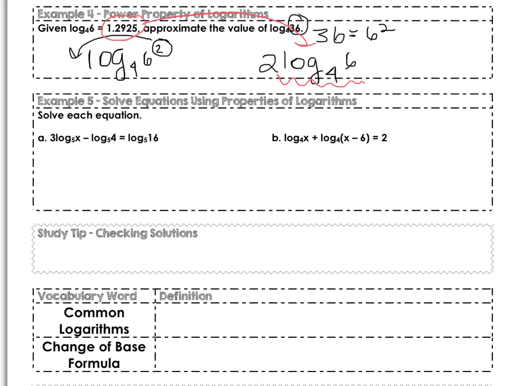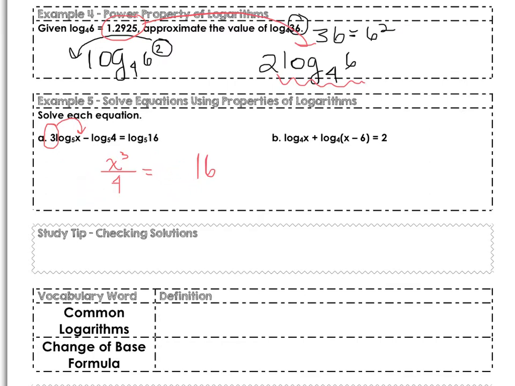All right, let's solve some equations here. Subtraction. I'm knowing that I'm going to have to do some division, but the first thing I can do is bring the 3 in as an exponent. So we're going to really have log base 5 of x to the 3rd divided by 4 is equal to log base 5 of 16. Well, the log of a quantity is equal to log of another quantity, so I can just set their insides equal to one another.